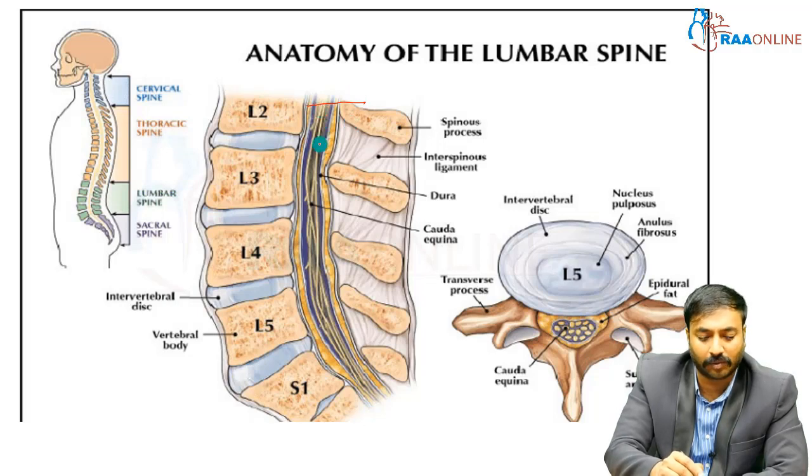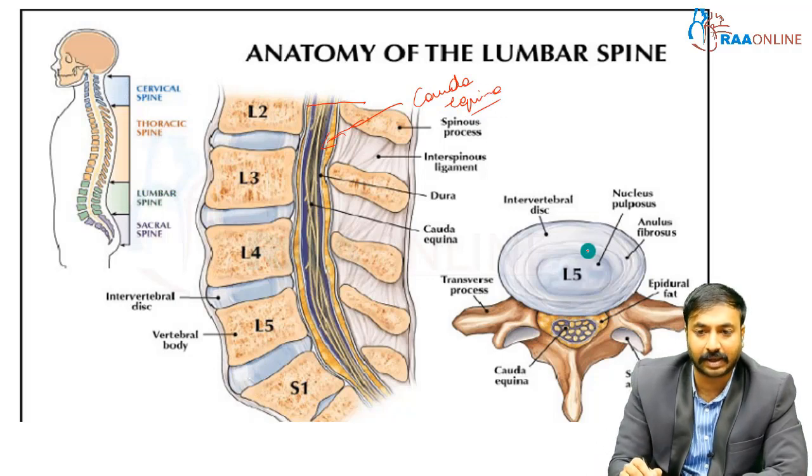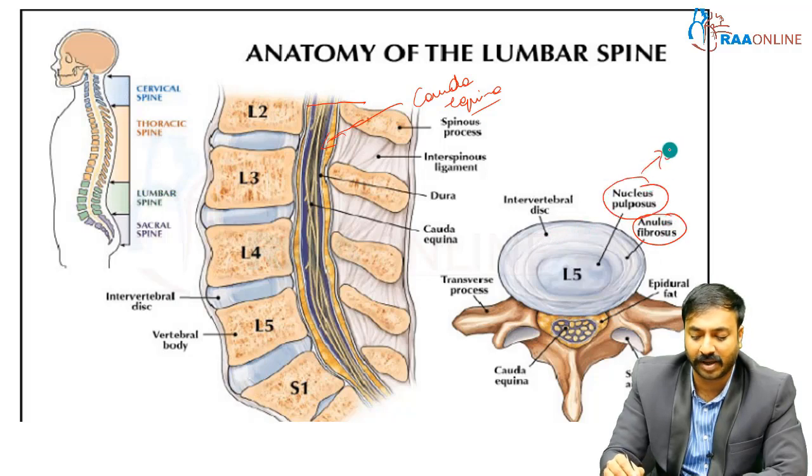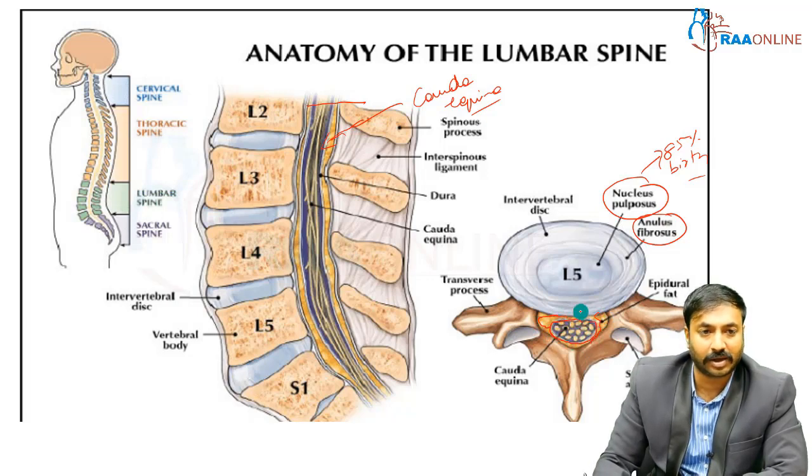All this that you're seeing are the caudal nerve roots, also called cauda equina, tail of a horse. So the intervertebral disc anatomy is nothing but annulus fibrosus and nucleus pulposus, 85% water content at birth, which slowly degrades with age. Here you can see the epidural fat, marked by yellow, and the thecal sac, which contains the cauda equina nerve roots.